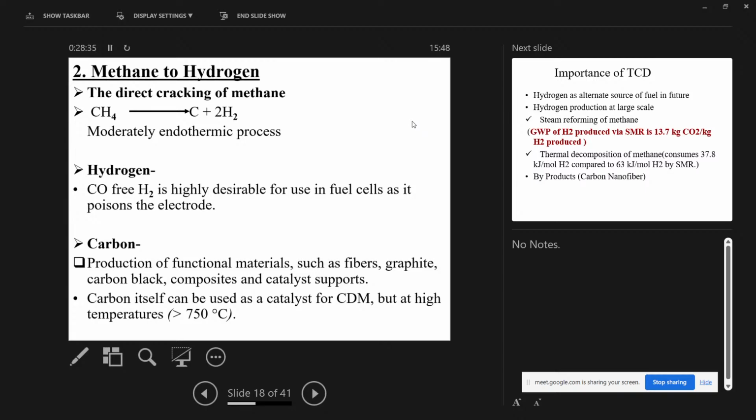Even 1 gram of carbon nanotubes costs 3,000 to 4,000 rupees. So if we use the carbon as a byproduct, it will be a win-win situation for industries, where the hydrogen is produced and the carbon is also a valuable resource.